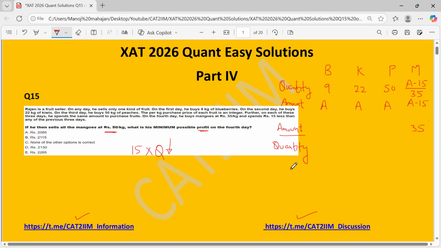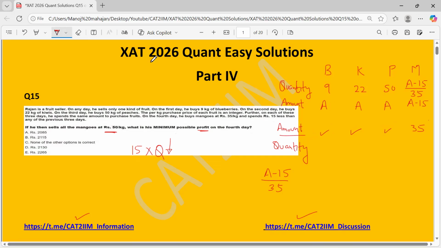So the quantity of mango is what A minus 15 divided by 35. So of course, if we can minimize A, the amount which has been spent on each of the days for blueberry, kiwis and peaches, in that case, we'll be able to minimize the quantity of mangoes also. And remember the per kg purchase price they said for each fruit is an integer, right? So of course, the amount divided by quantity over here should be integer, integer, integer.